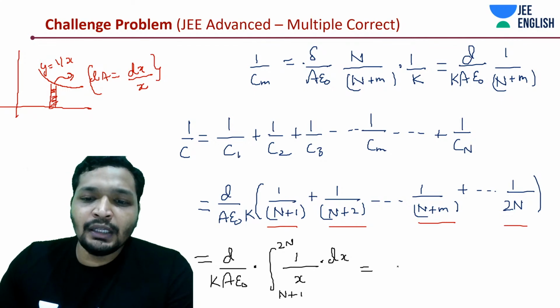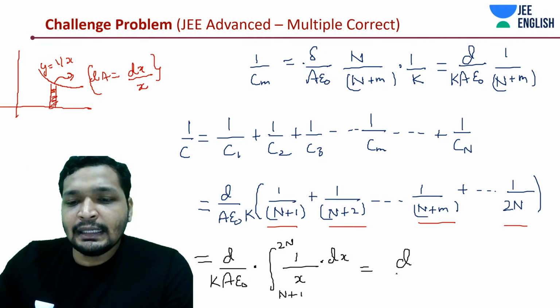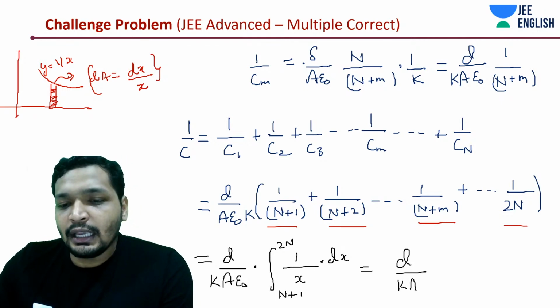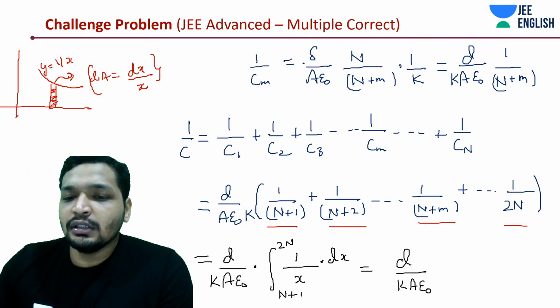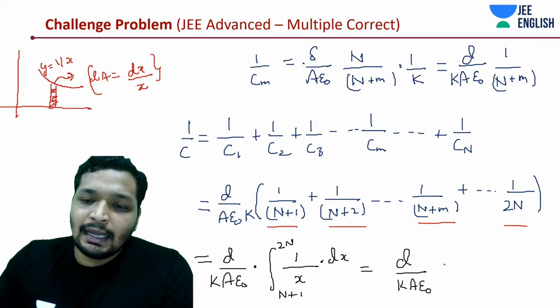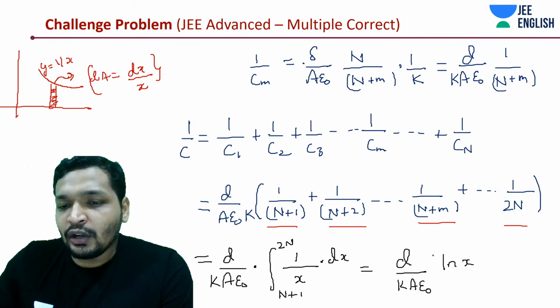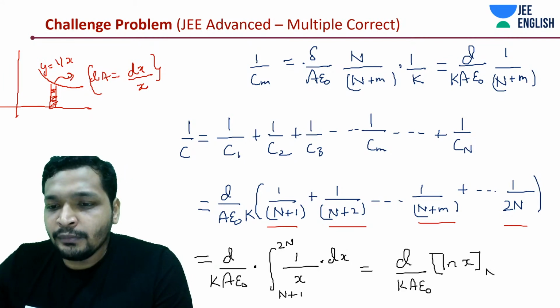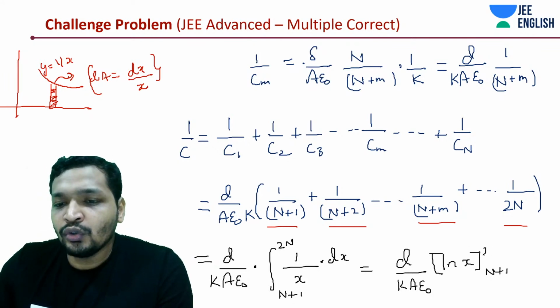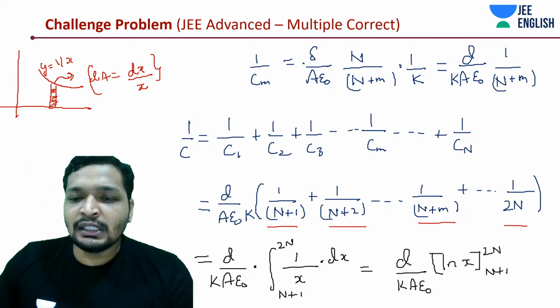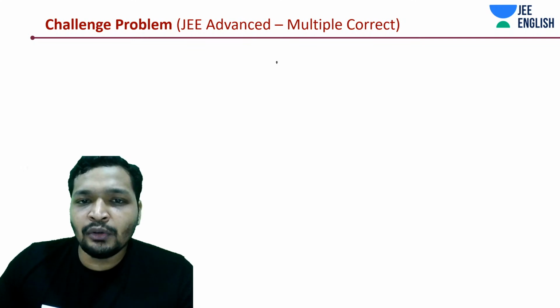So that would be d divided by a epsilon naught ln x, log of x integrated. That's going to go from n plus 1 to 2n. So what is the value of 1 by Cm now?